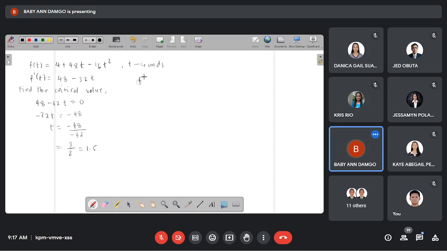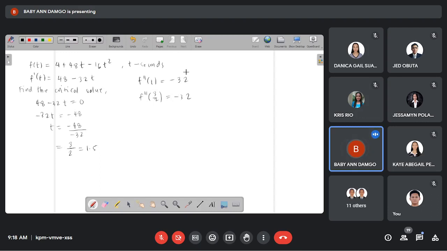Okay, so next, we need to find the second derivative. So the second derivative is negative 32. Okay, so substitute the value of t to determine if it is minimum or maximum. So your t here is 3 halves, which is not affected since there is no variable, so this is negative 32.